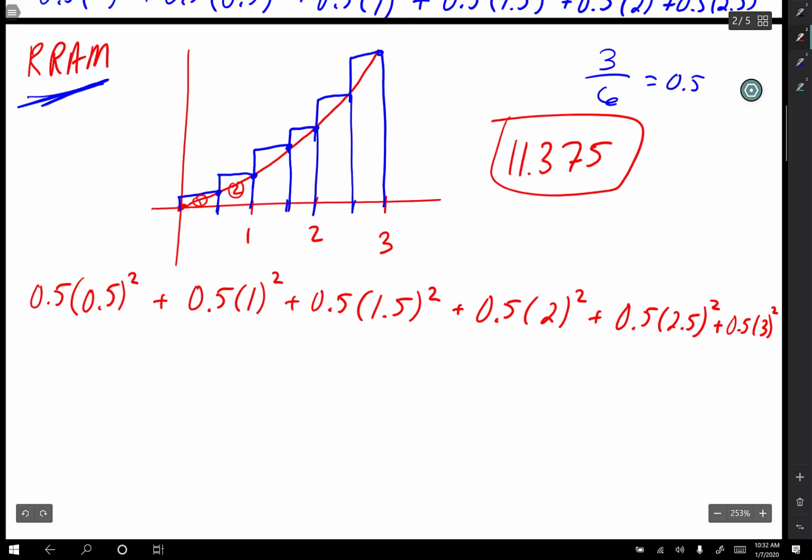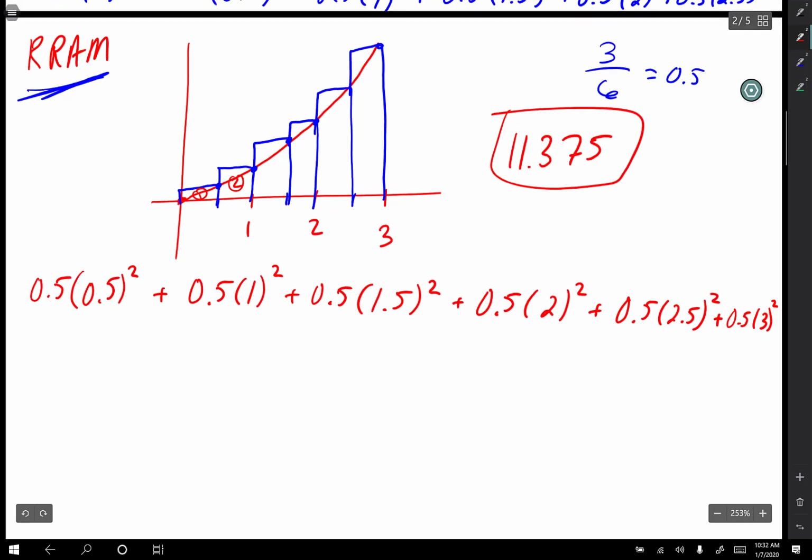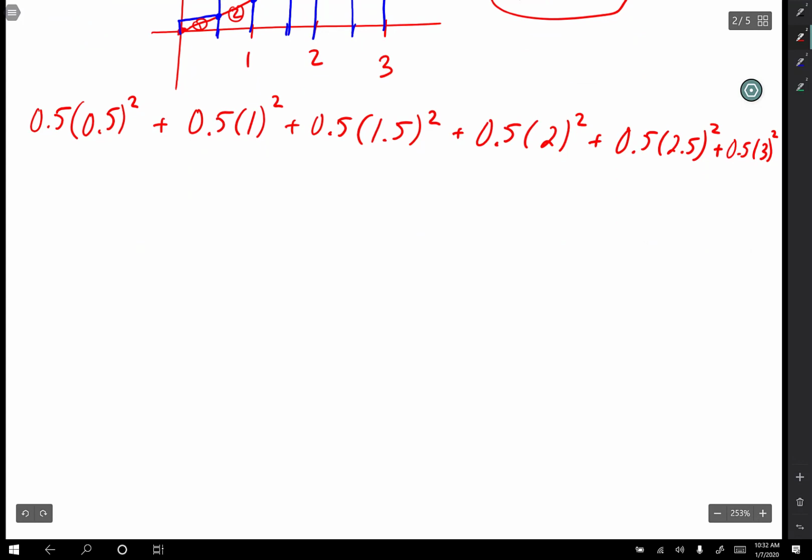So using RRAM, we got that this traveled 11.375. Is this an over approximation or an under approximation? An over approximation, because those rectangles are above the curve. Do we see that, guys? So obviously the real number is somewhere in the middle. So now let's use MRAM.